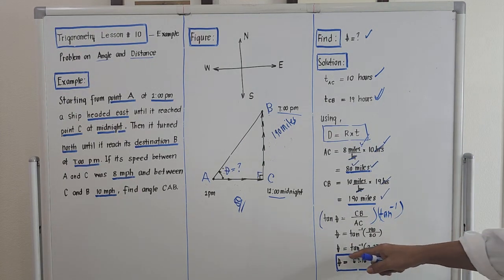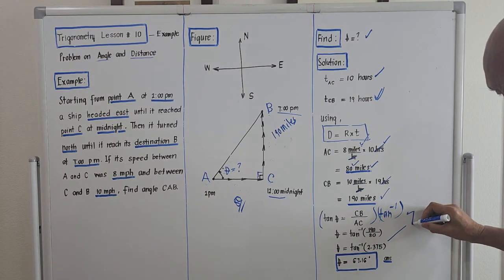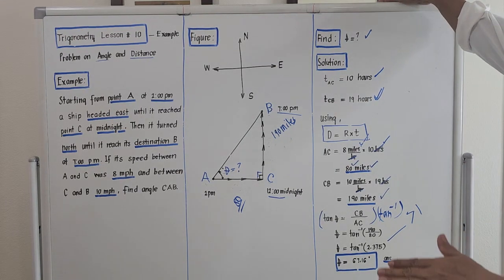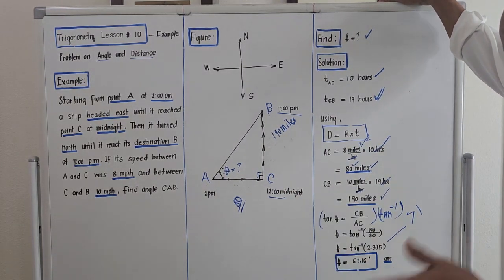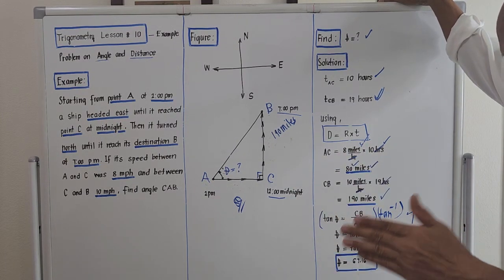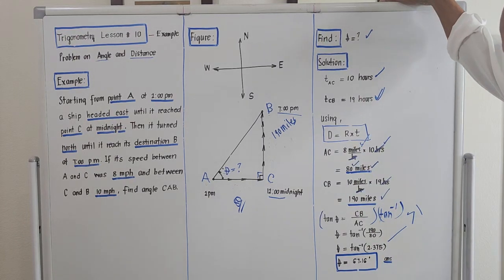This is arctangent. The value here is greater than 1. Like what I said in our previous discussion of the values of a trigonometric function, if the value of the ratio of the tangent function is greater than 1, the angle should be greater than 45 degrees.